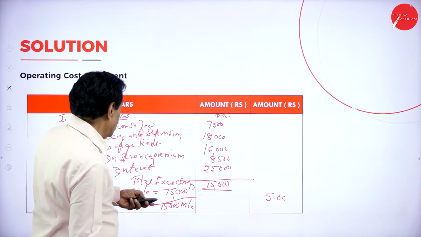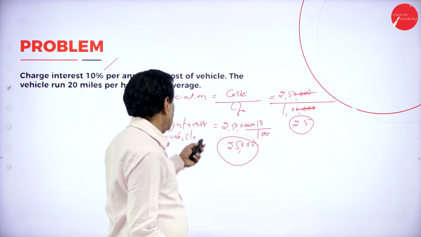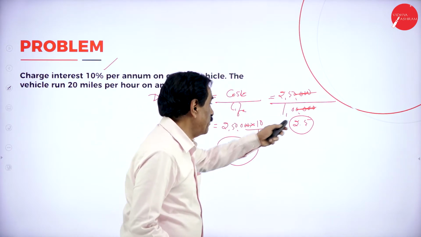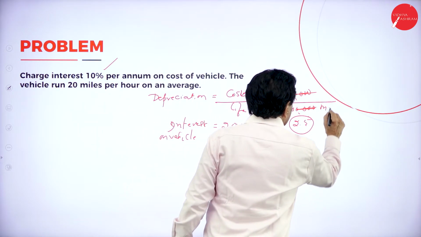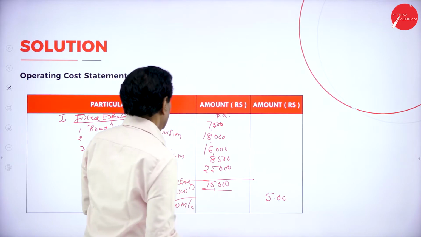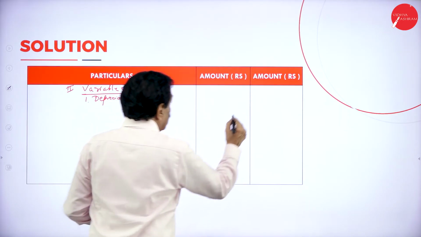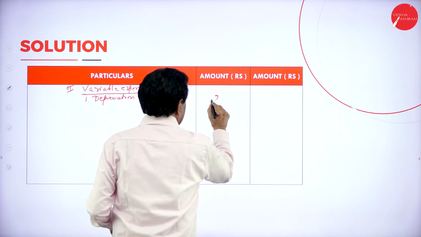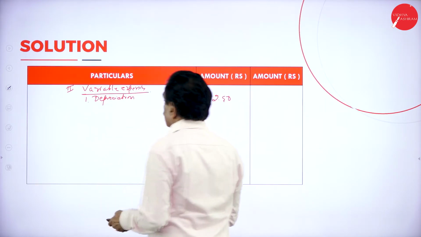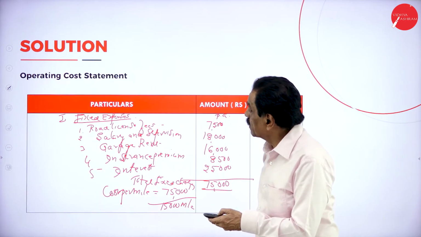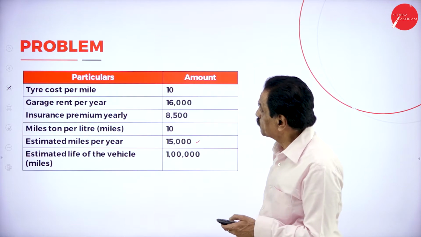You already calculated depreciation. Here, depreciation cost 2 lakh divided by 1 lakh miles, per mile is 2 rupees 50 paisa. This is per mile.